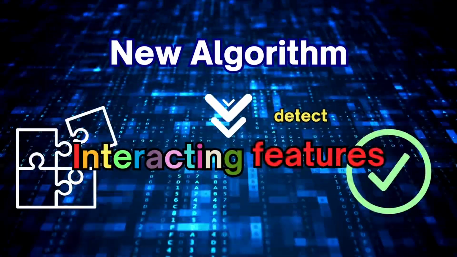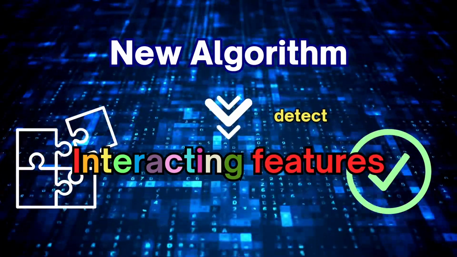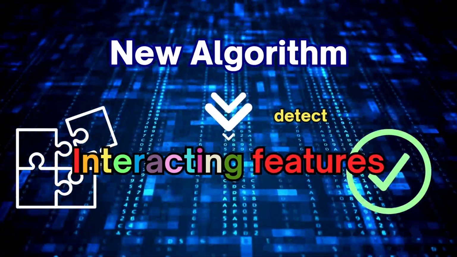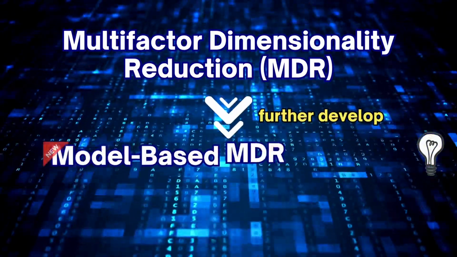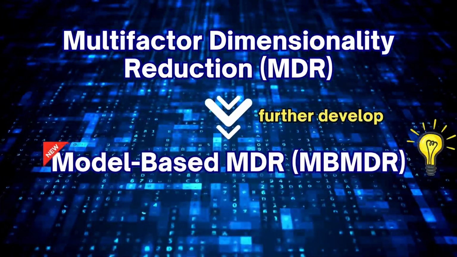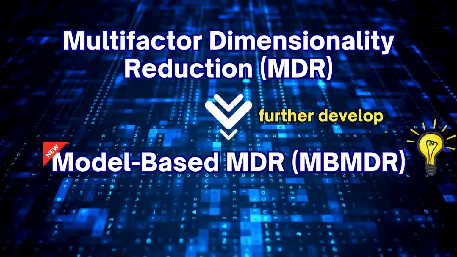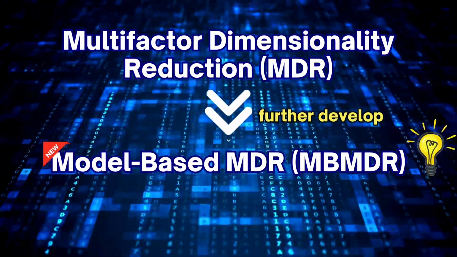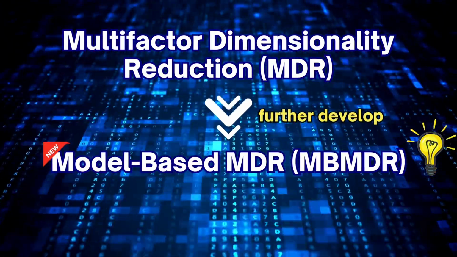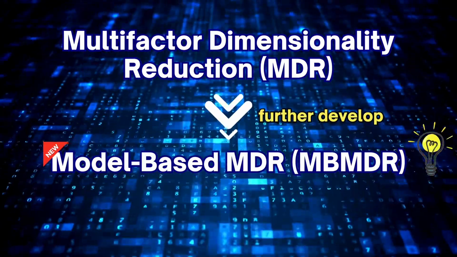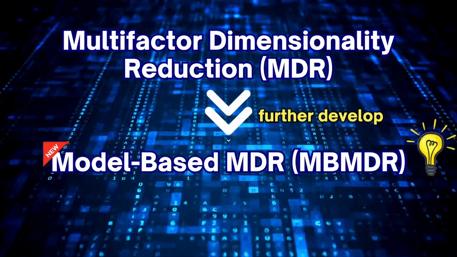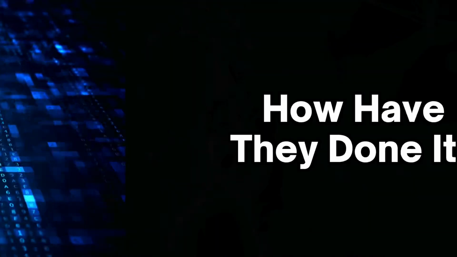In simpler words, we need algorithms that can detect interacting features, and we already have that: multifactor dimensionality reduction, or MDR. So, in this article, the researchers further develop the model-based MDR, or MBMDR, a robust enhancement of the original MDR algorithm to enable interaction-empowered individual prediction.